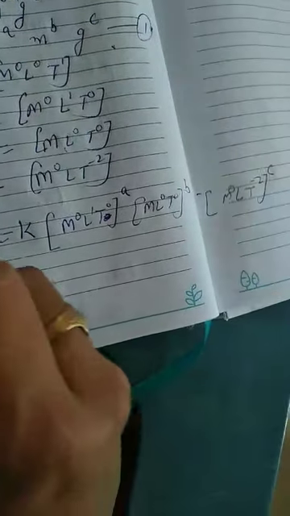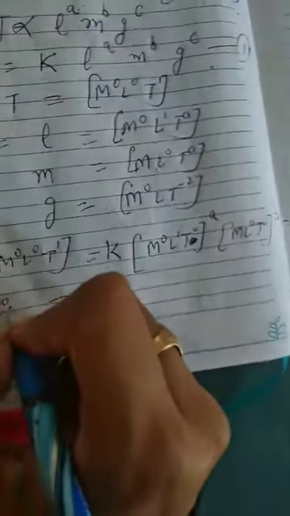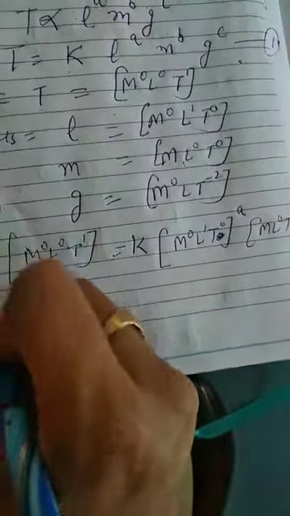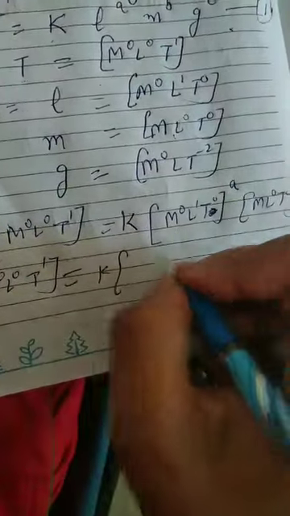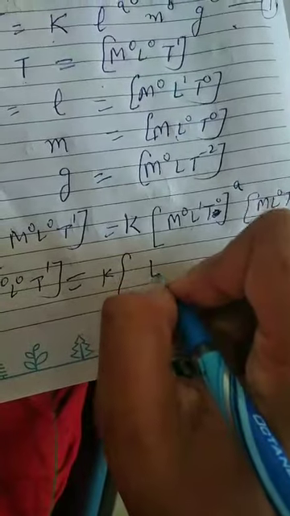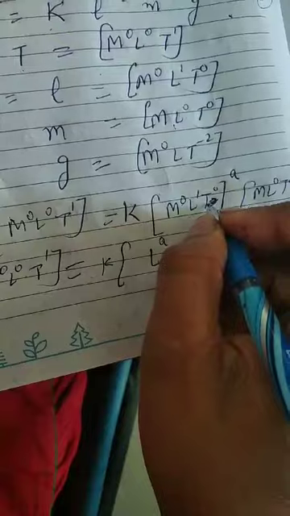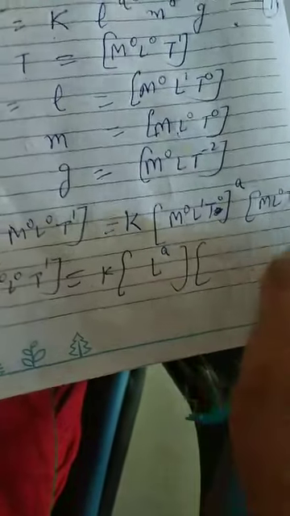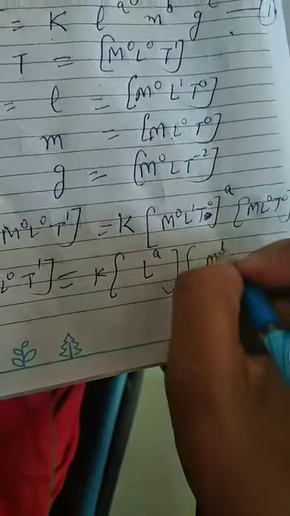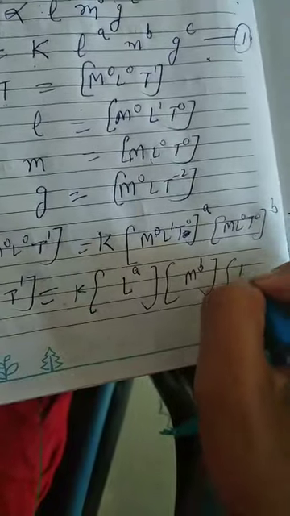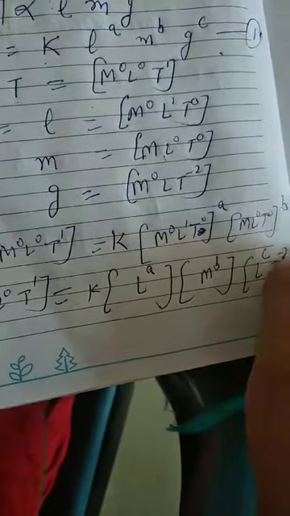Combining all the powers, M0 L0 T1 and k as it is. Now M0 vanishes, T0 also vanishes, only this remains. Similarly, only M raised to power b, L raised to power c, and T raised to power minus 2c.